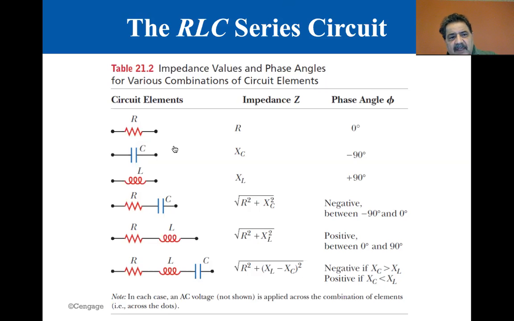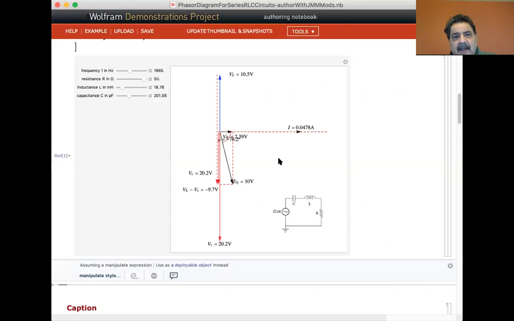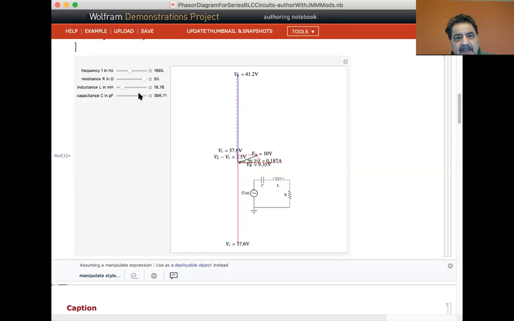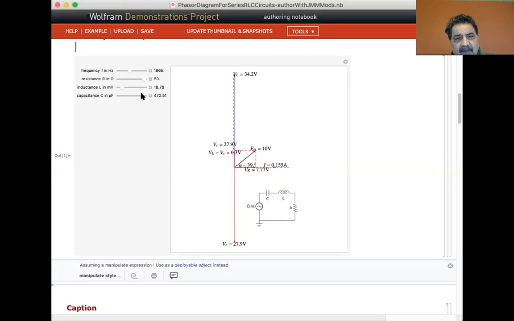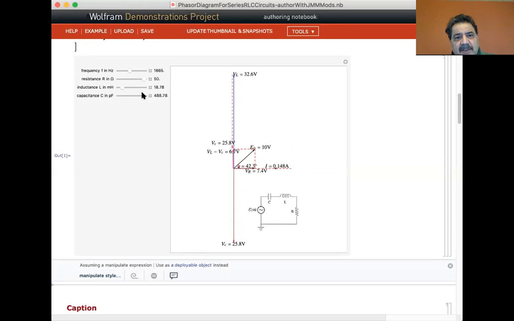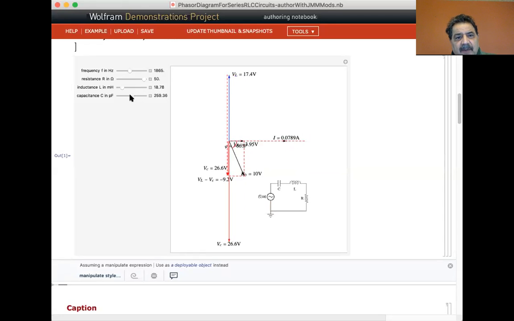Let's see if you can see the phase angle. Let's go back and make this smaller, and you can see, oh, there it went positive because X sub C became smaller than X sub L. There it's positive.